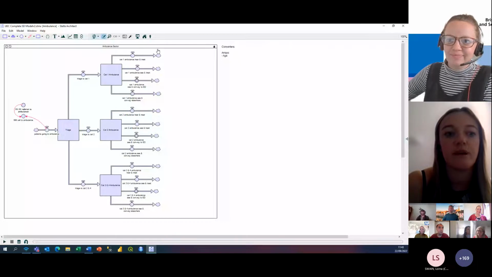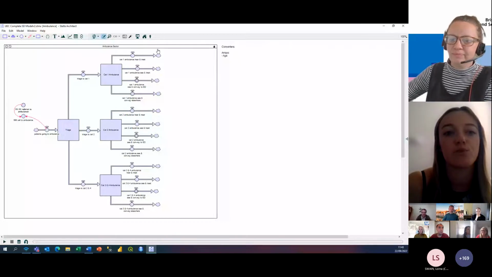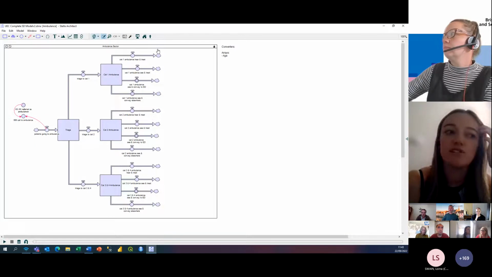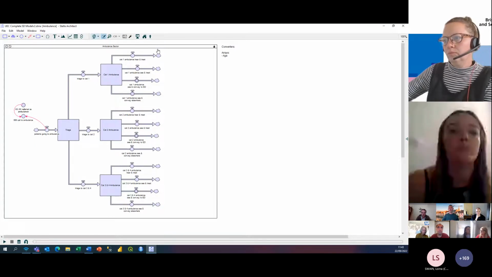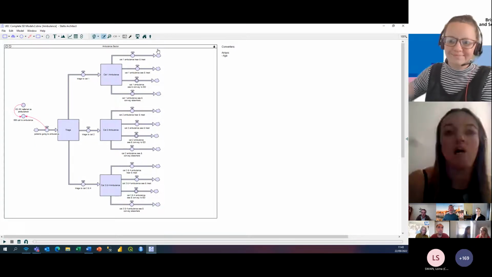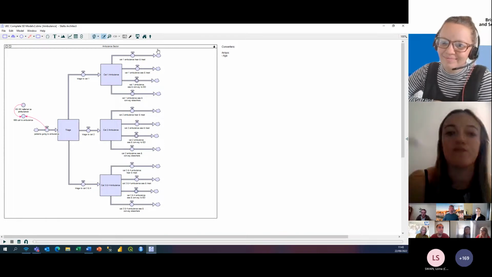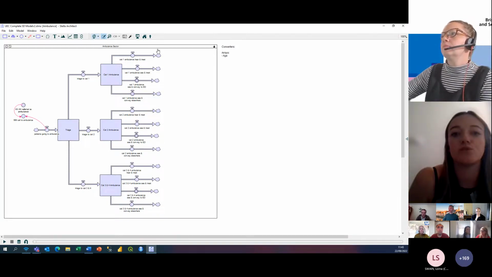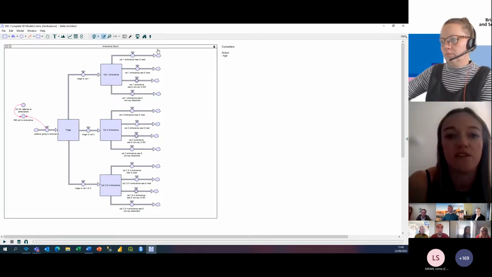Yeah, that's a good point to make. So yeah, defining the scope was a really big starting point. I think a lot of different service and system partners suggested so many different things that we could model, but we had to get to a point where we just focused on certain areas like system CAS and ED redirections, rather than going into details of specific services such as mental health services and community services.